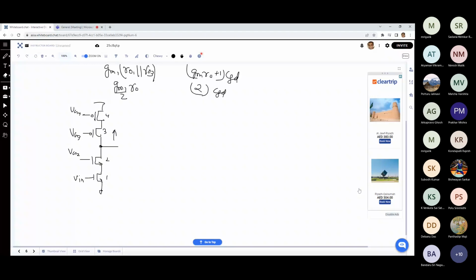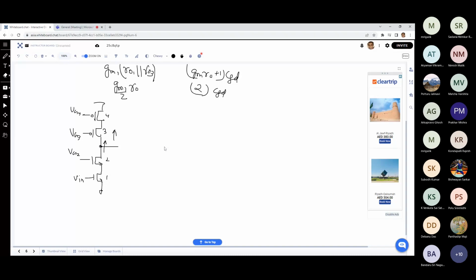So here now, if I talk about overall small signal gain, what is going to be the small signal gain in this scenario? In order to find this out, we first need to find what is the small signal current coming out of this node. Like what is the small signal current provided by this lower branch? Then I can just simply multiply it by the impedance upward.